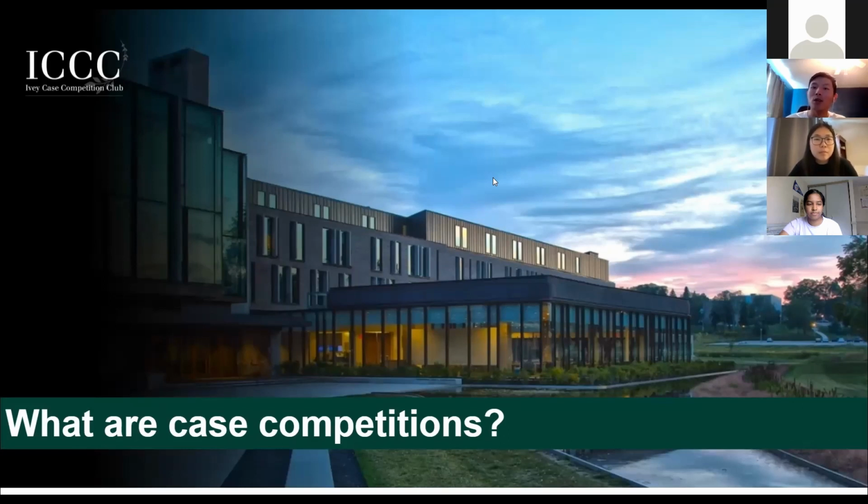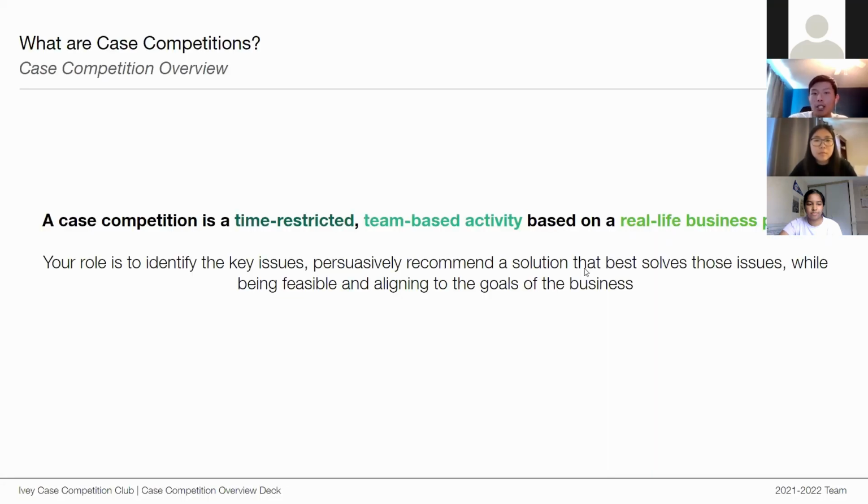And so we're just going to do a quick rundown of what you can expect in both the LEAP case competition, as well as in general, any case competitions that you may come across in your high school and university careers. So ultimately, a case competition is a time-restricted, team-based activity based on a real-life business problem.